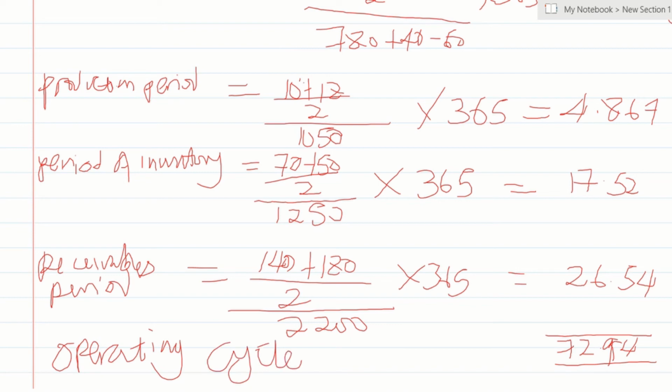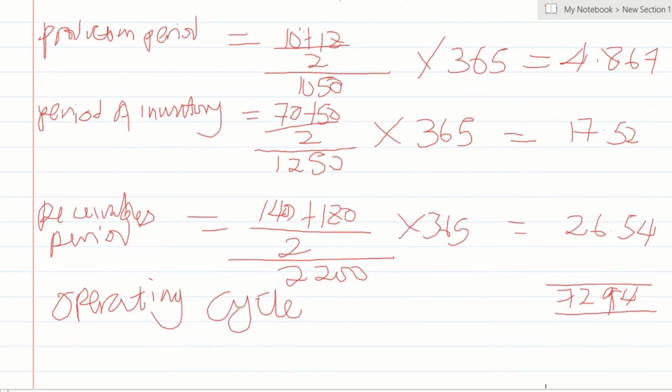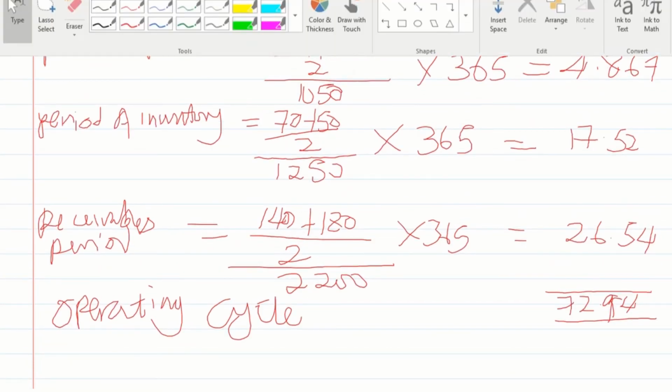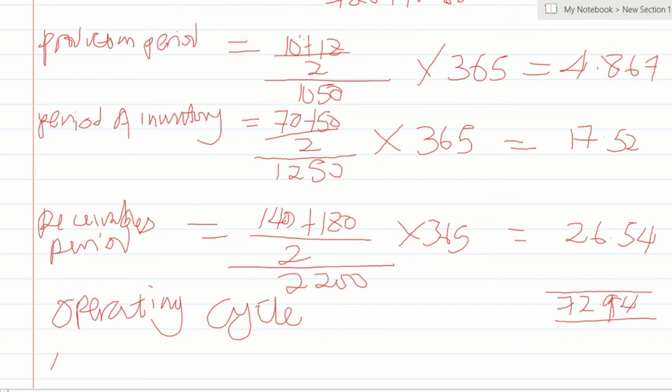Now, the final step is to compute that cash conversion cycle, and we are just one step away from our final answer. Now we come here and less creditors. The better name is payables period.